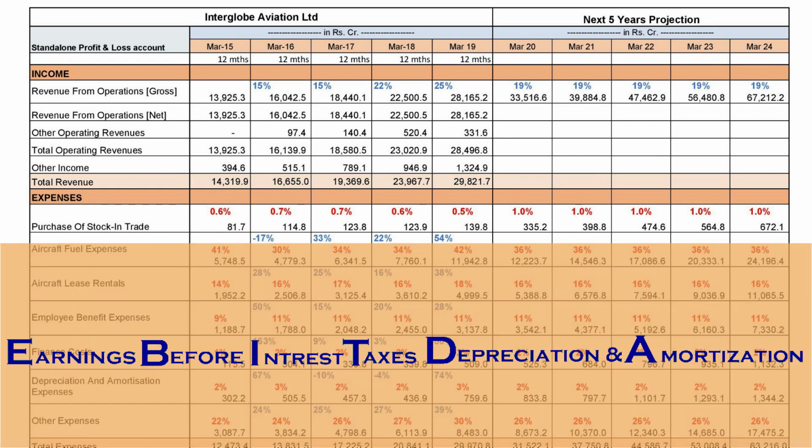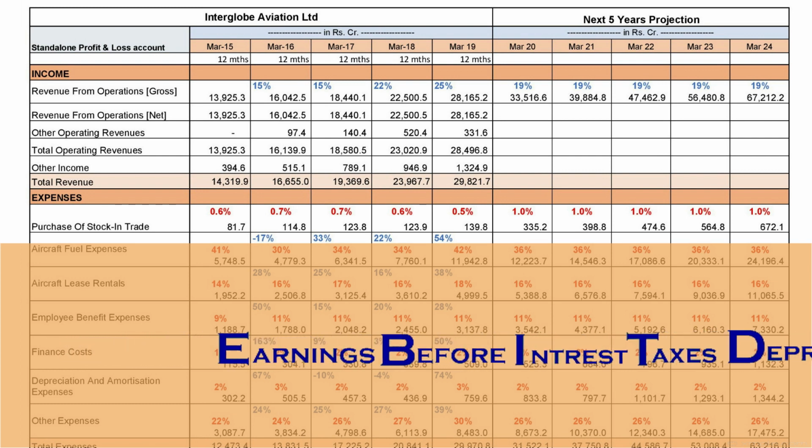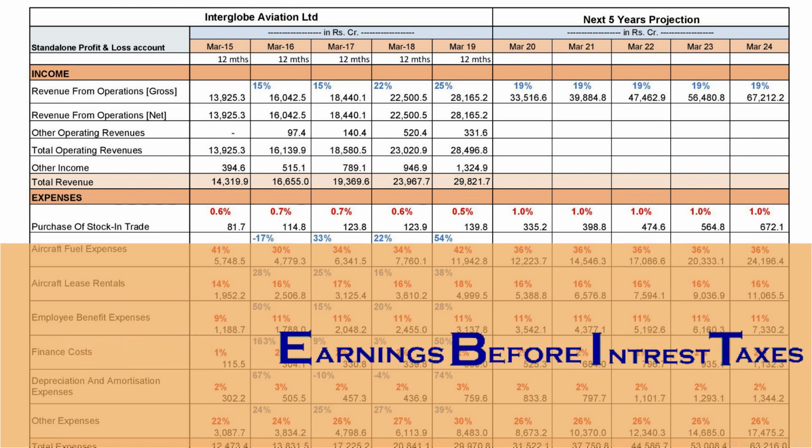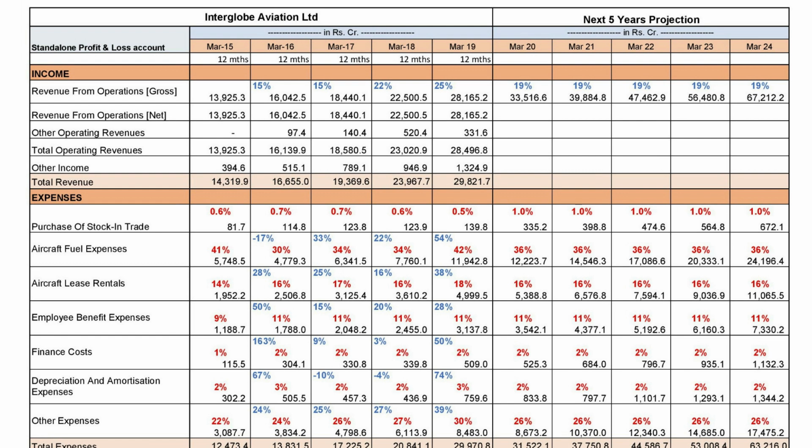Next thing, if we take away the depreciation and amortization from what we saw EBITDA, we will be getting EBIT. For some companies which has least depreciation and amortization, this EBIT or PBIT can also be called as operating income or operating profit. These operating profits are a great tool to analyze companies' operating efficiency.